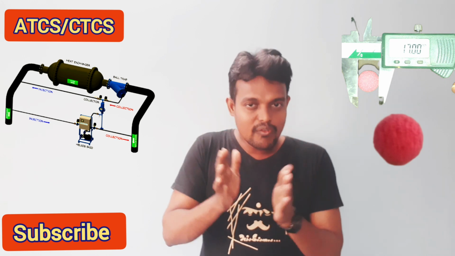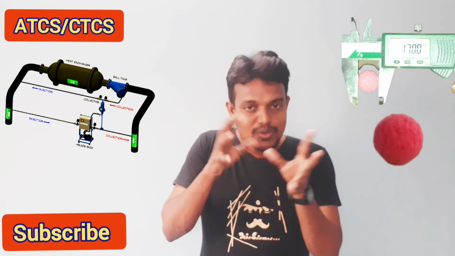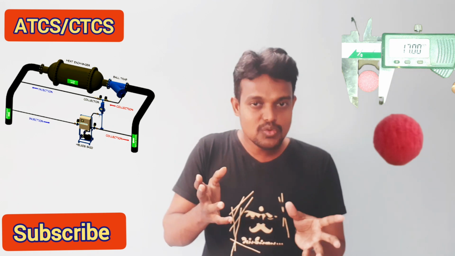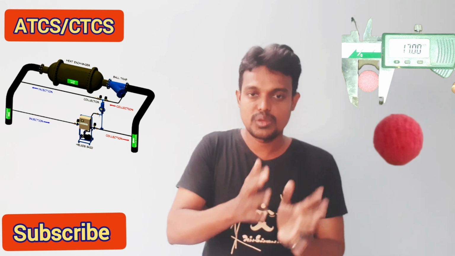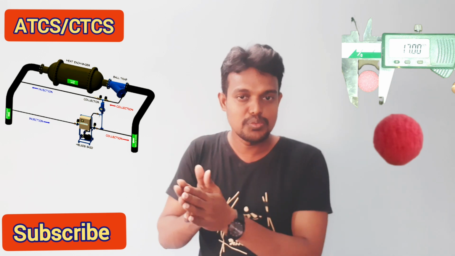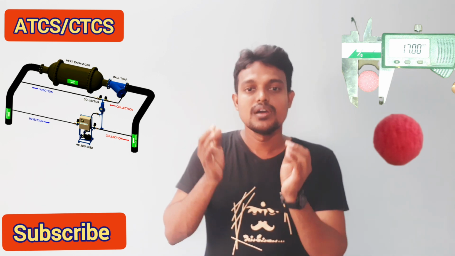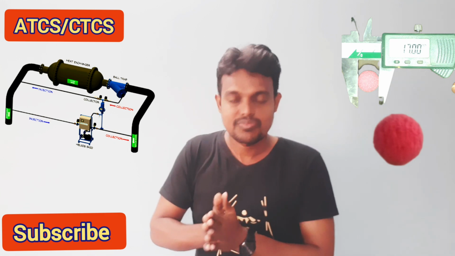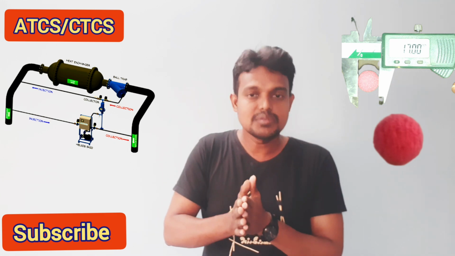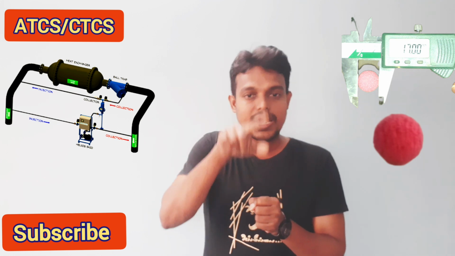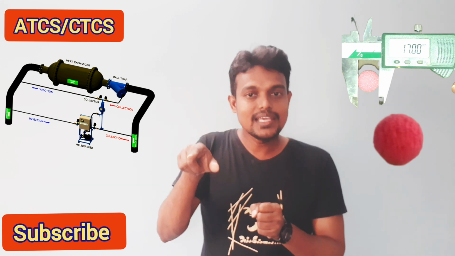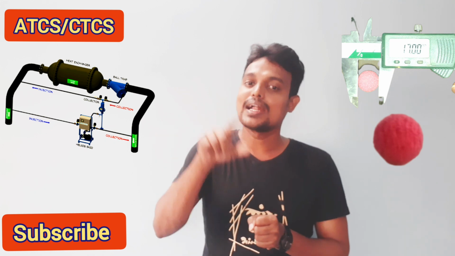So in order to avoid that, to remove the scaling, to descale your condenser tube, you would have this auto tube cleaning system or condenser tube cleaning system in your HVAC system. If you have this system, it will definitely avoid the scaling happening inside your condenser tube.